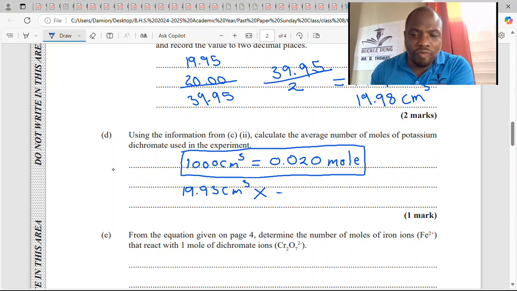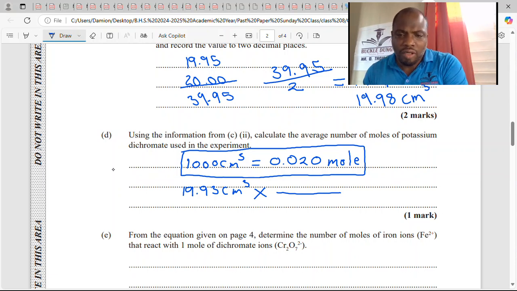And as I said before, I'm creating a fraction from this. So again, if I take out 19.93 centimeter cubes of this potassium dichromate solution, will it have less or more moles? Less. It's going to have less.